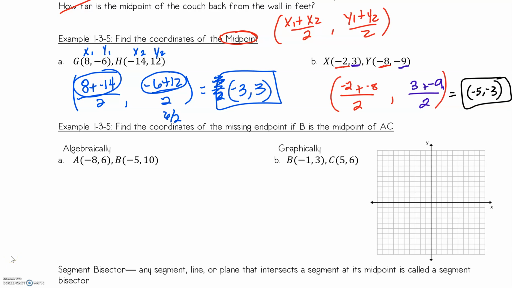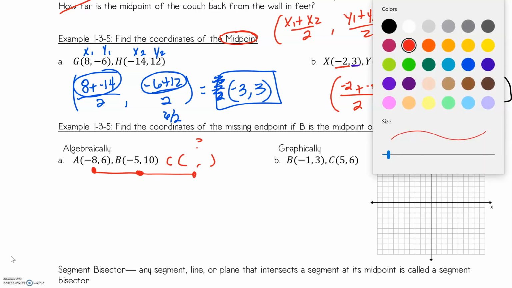Now, what happens when they give you one of the endpoints and they give you the midpoint, but they want to figure out what the other endpoint is? So this is kind of the end, this is the middle, and this is the other end. So how would we figure out what this is when we can't really use our formula?